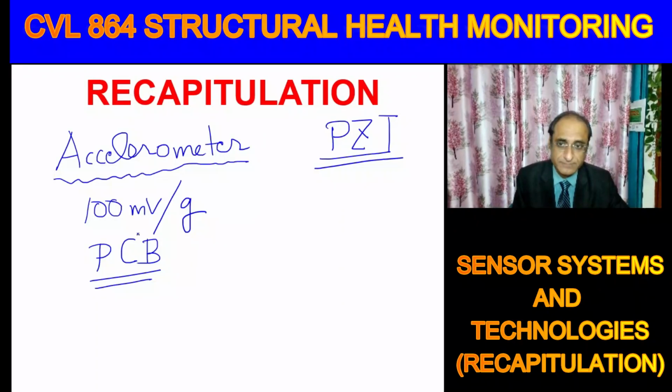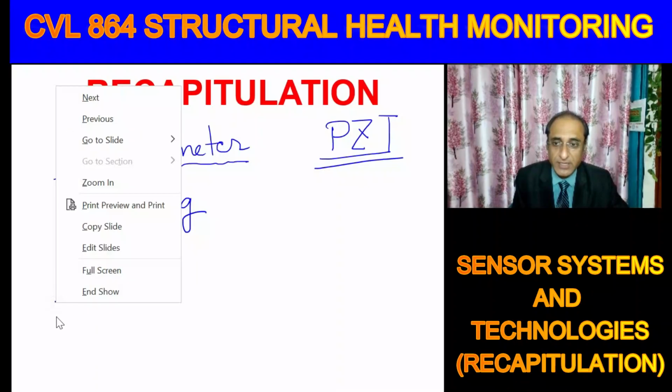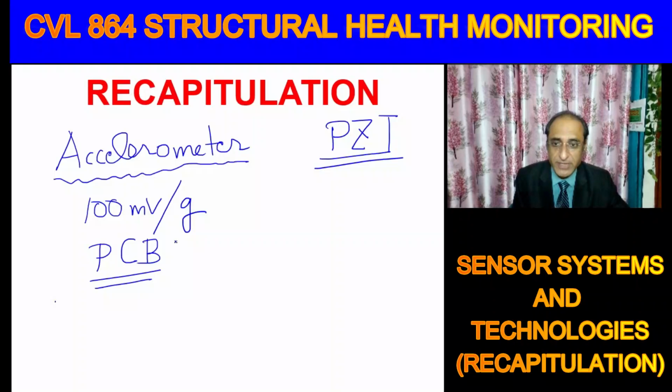Alright, so that means that if the acceleration is 9.8 meter per second square, this will generate 0.1 volts.